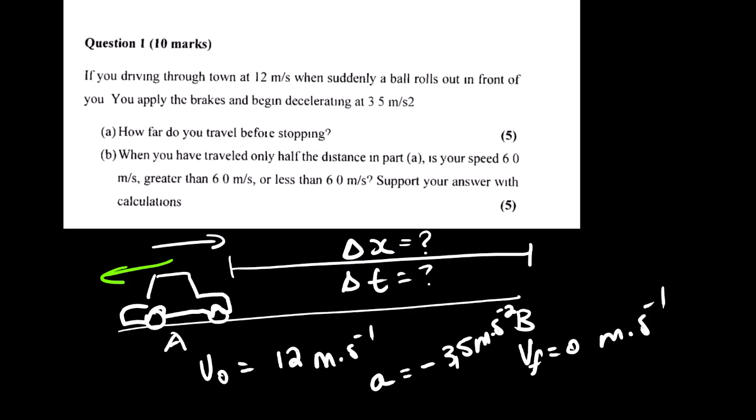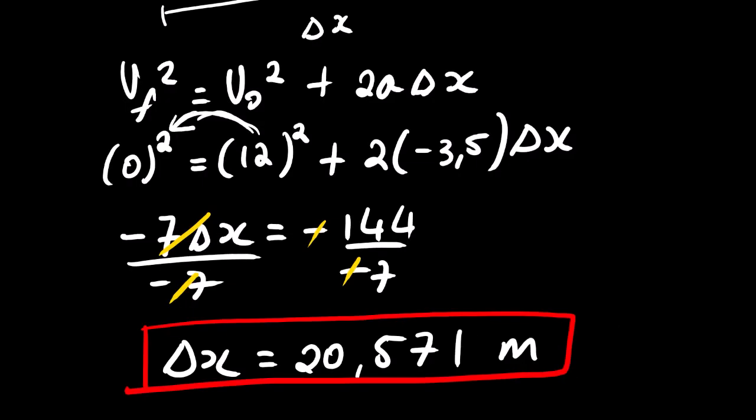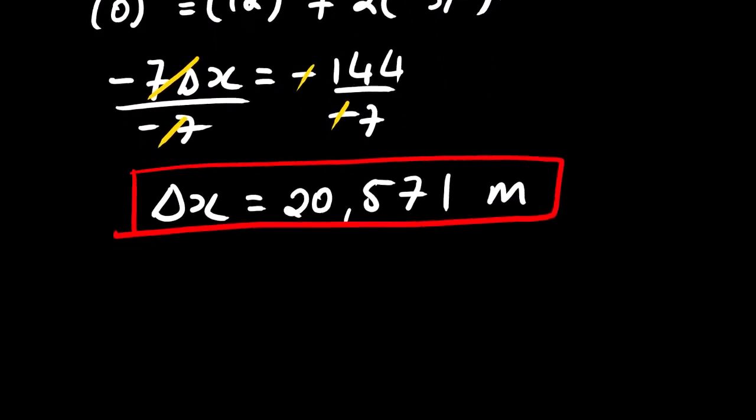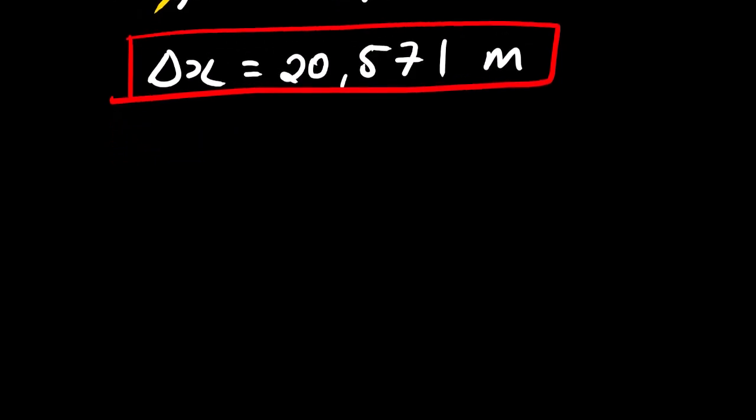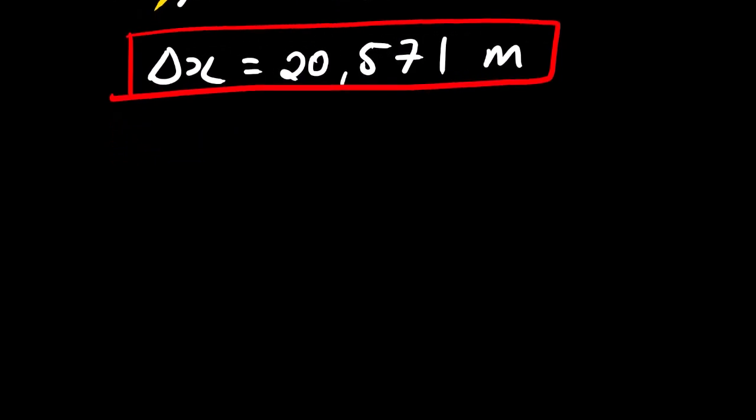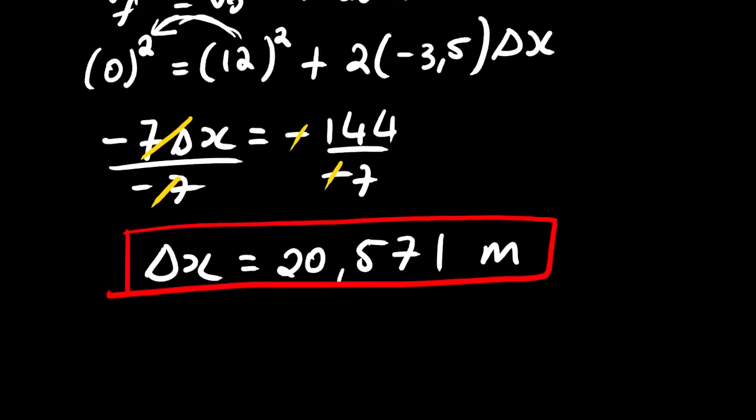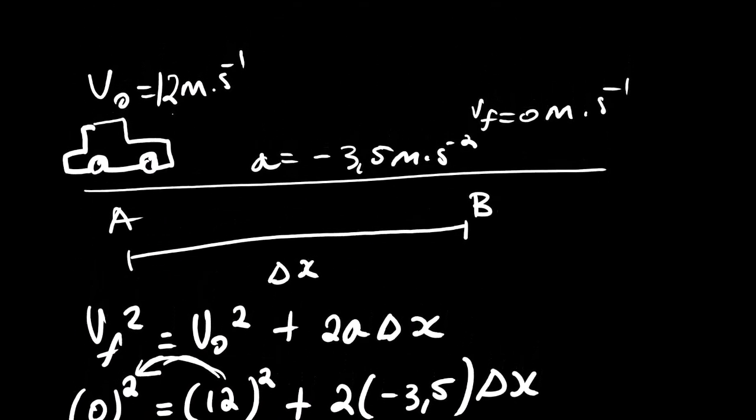Now it is impossible for us to answer question B if we don't know the correct answer to question A. So it simply means that the distance from A to B is 20.571 meters.